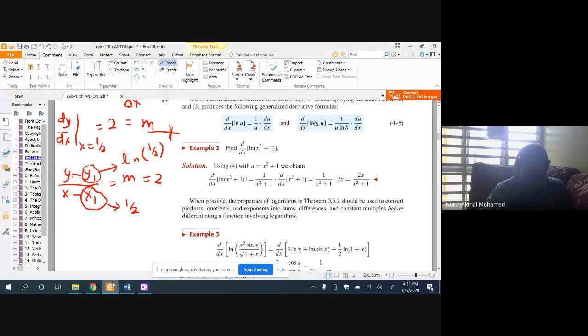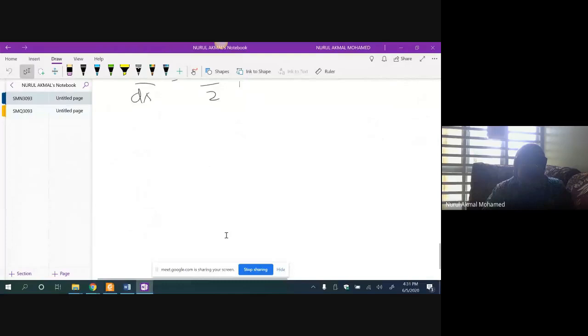Okay, let's try to do it. So y is ln(x squared plus 1). I think we have done it before, or not? Not yet. So let's denote u as x squared plus 1, so that y is equal to ln u.